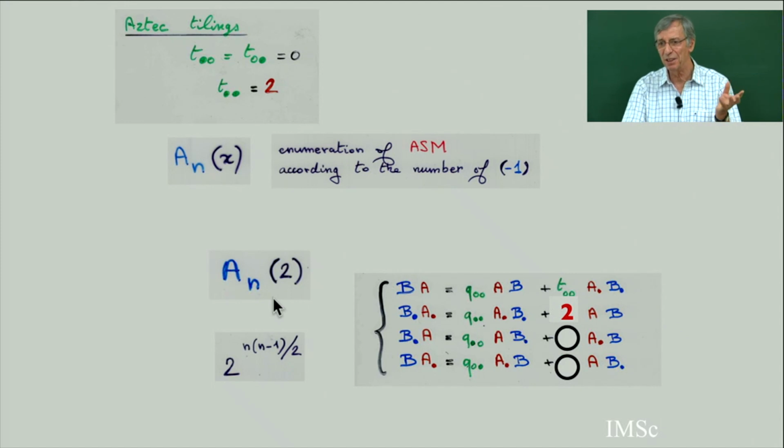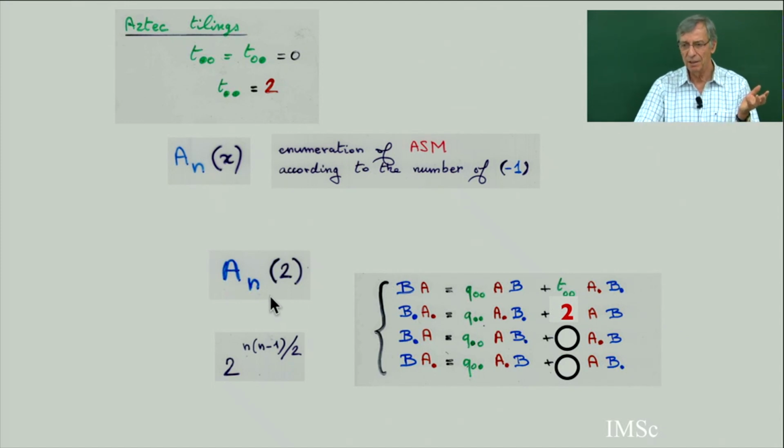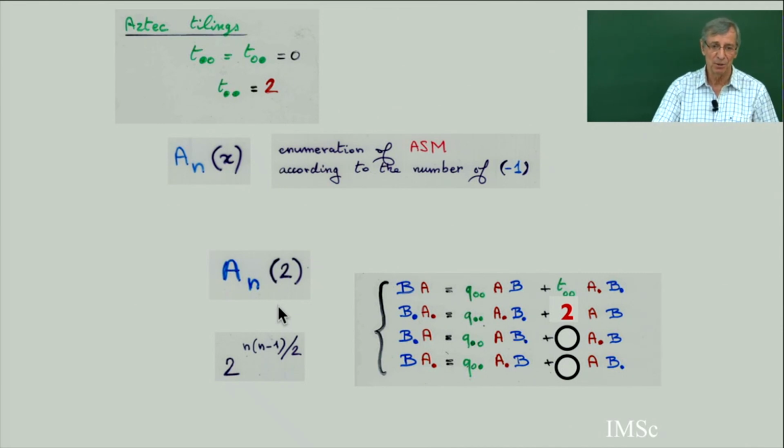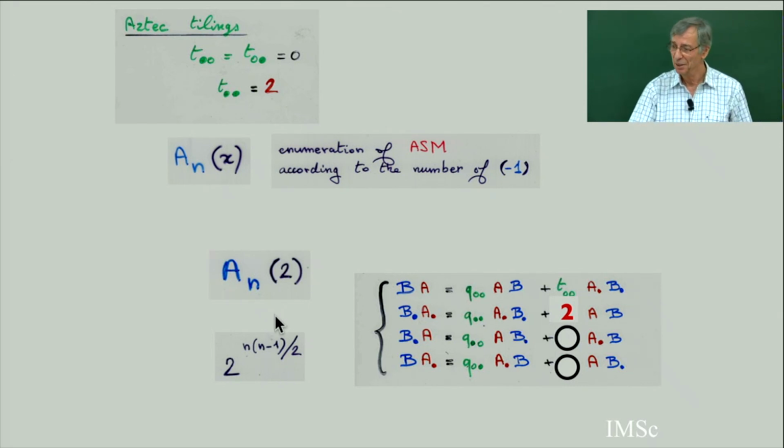The formula was very difficult to prove, and in fact there are only three formulas which are known. A_n(1) is the number of alternate sign matrices. A_n(2) is the number of Aztec tilings, and A_n(3) has a formula also relating to the theory of orthogonal polynomials, and it's a deep formula also. Those are the only three formulas which are known for A_n of an integer.